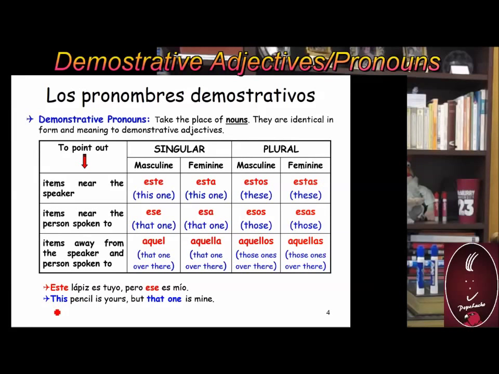In English it's the same. This pencil is yours. This is a demonstrative adjective because it's pointing to the noun pencil. But that one is mine. That one replaces the noun, so that one is a demonstrative pronoun.